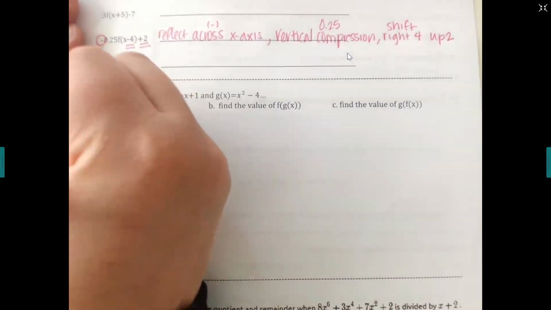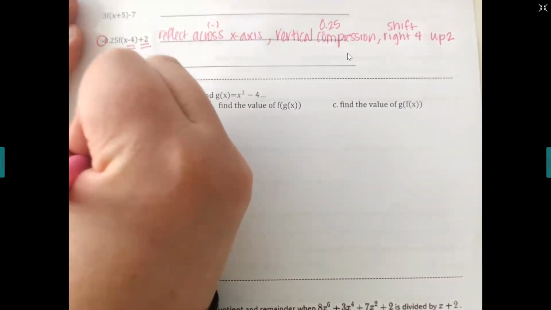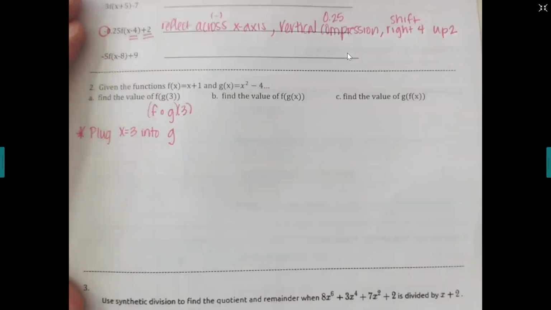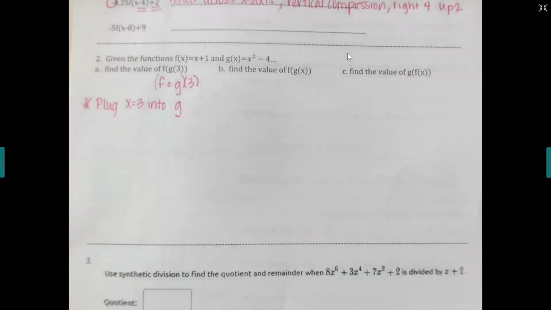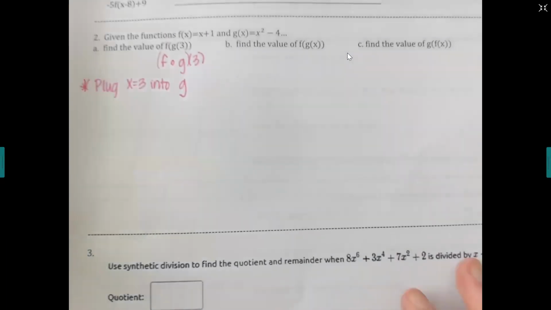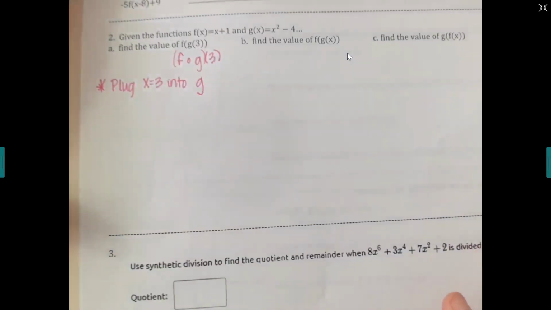So I'm going to put little steps here. Plug x equals 3 into g. Can you tell me what the g formula is? Just read it out loud. x squared minus 4, so now it's 3 squared minus 4.